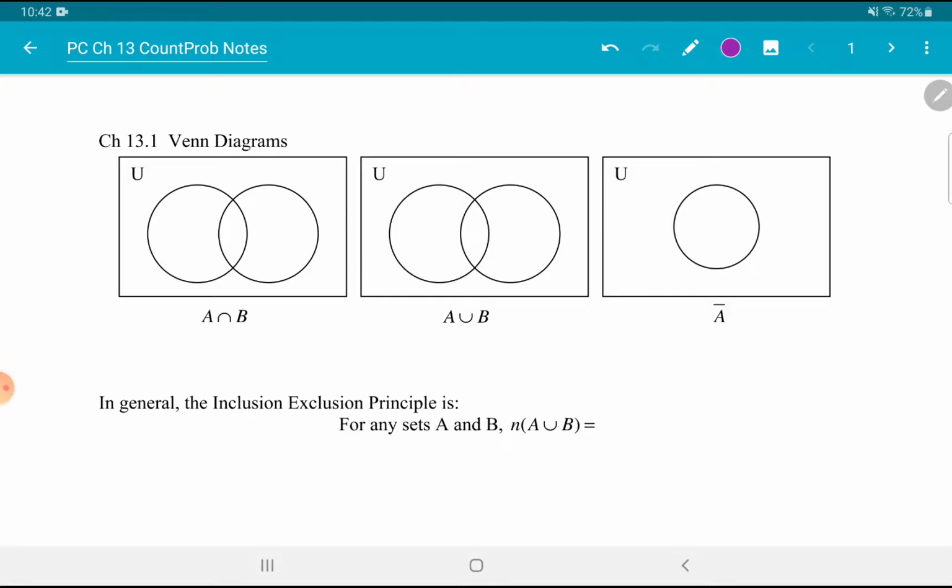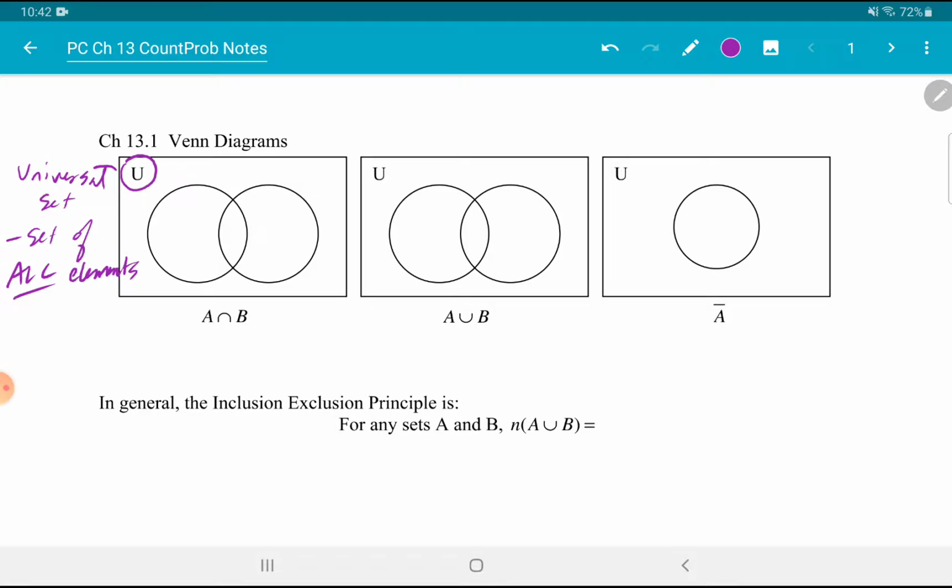Now, if you notice, there's a U that's just outside of the circles, contained within the rectangle. The U represents our universal set. And the universal set is basically the set of all elements, whether it has A, B, or maybe even none of them, right? This is just containing everything.